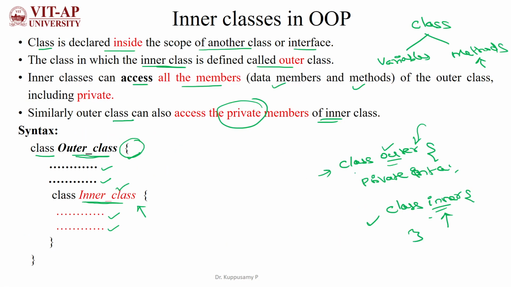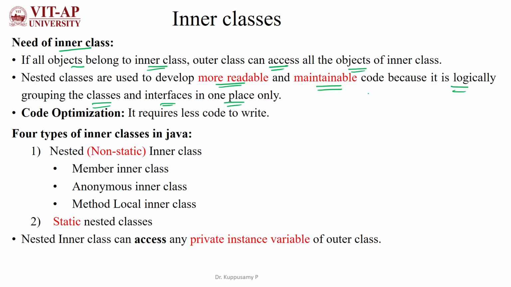So here you see, the outer class has accessibility to all the classes we define inside it. Based on that, the code can be easily maintained and is readable as a single unit. And it achieves code optimization by writing fewer statements inside the outer class.